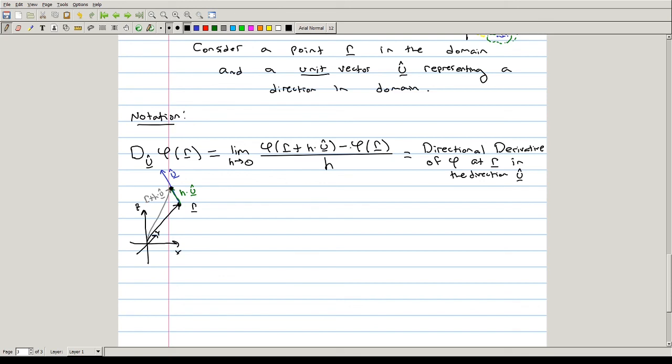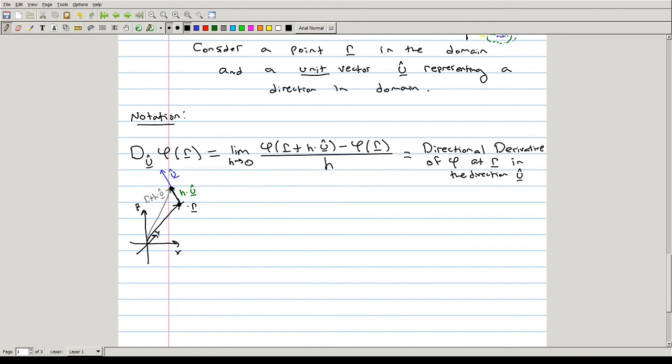So the difference in this difference quotient is saying that the difference of temperature between this point right here and this point right here, and the difference quotient that we're evaluating is the difference of temperature at this point and this point divided by h, which is the distance between this point and this point. So when we take the limit as h goes to 0, we're essentially evaluating the derivative.